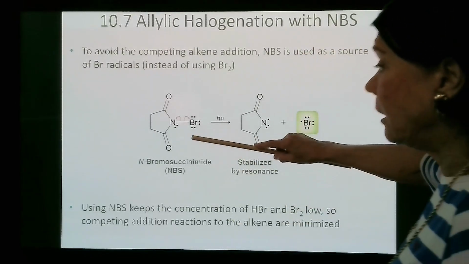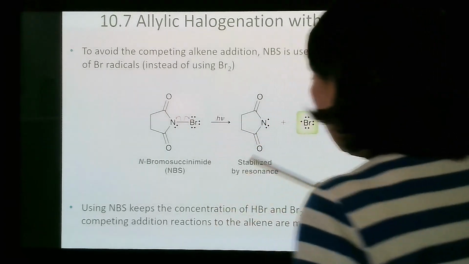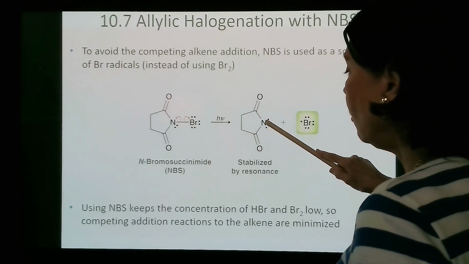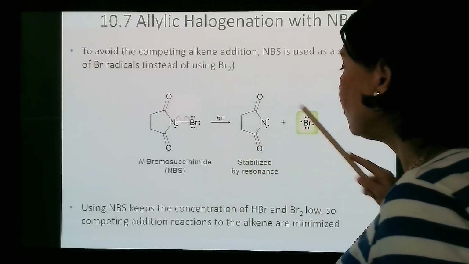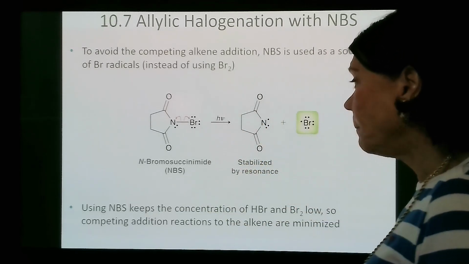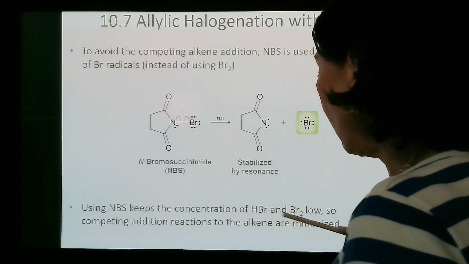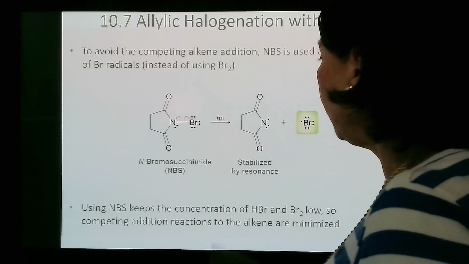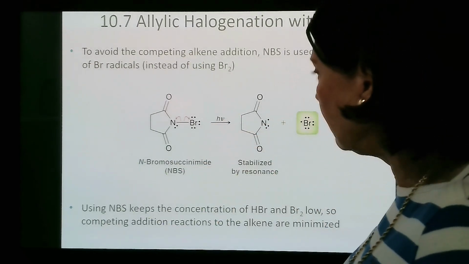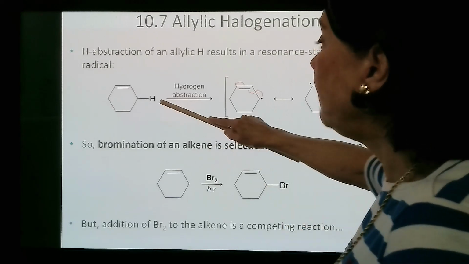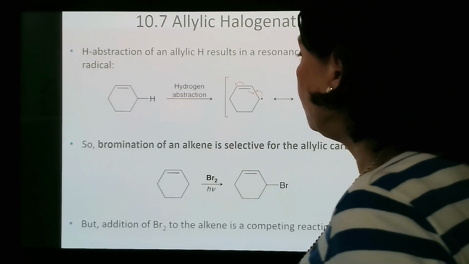So this is your initiation step here. Light cleaves that bond, and you have radical on nitrogen and on bromine. And so you'll see in the next few steps we're going to generate HBr and Br2, because when Br dot comes in to pluck off a proton, HBr is going to be generated.